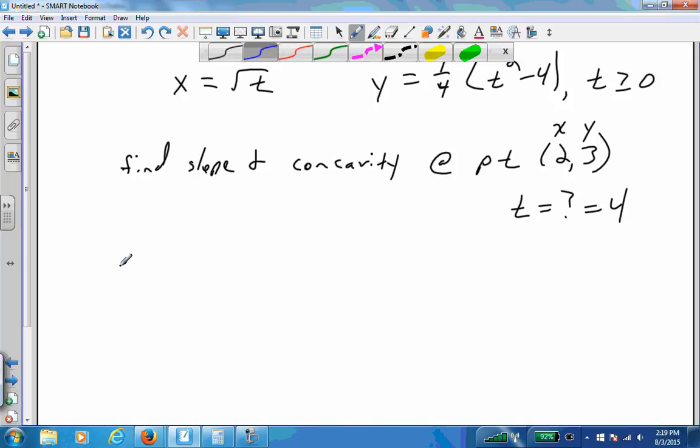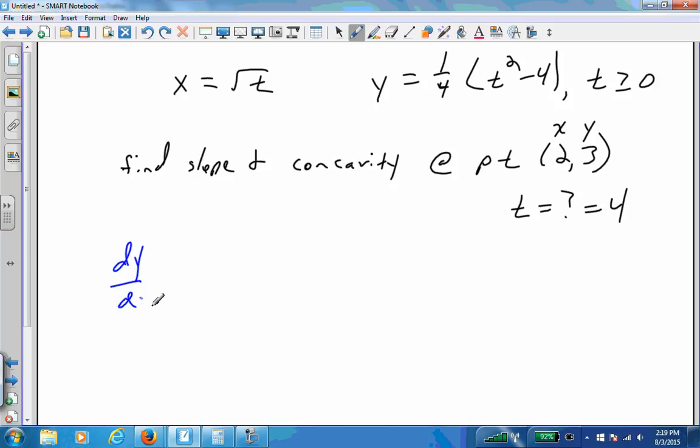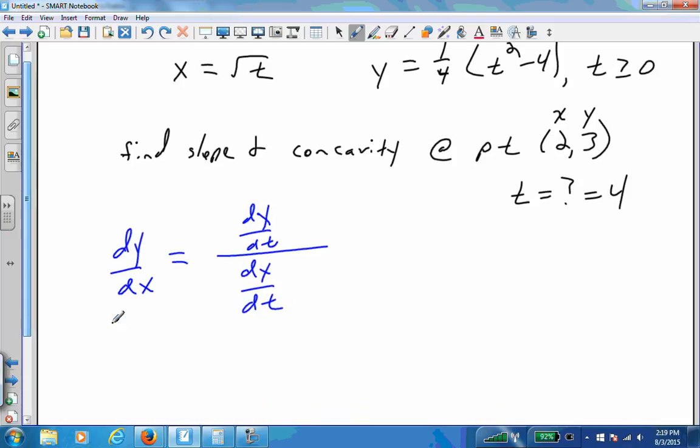So if we want the slope, we need dy over dx. So we need the derivative of y with respect to t, and the derivative of x with respect to t. y is 1/4 times t squared minus 4. Then dy dt, if we take the derivative of that with respect to t, 1/4 is a multiplicative constant.